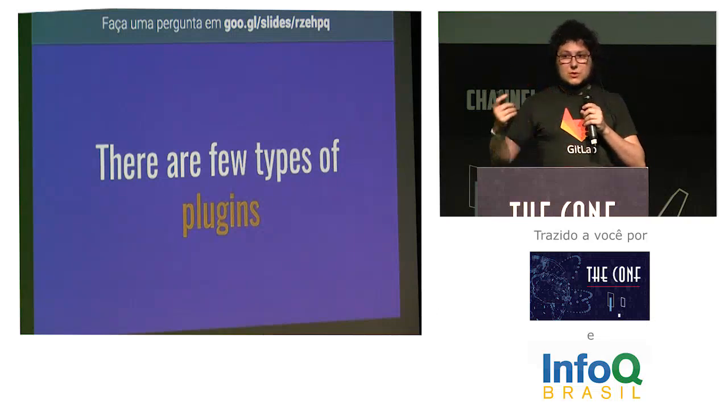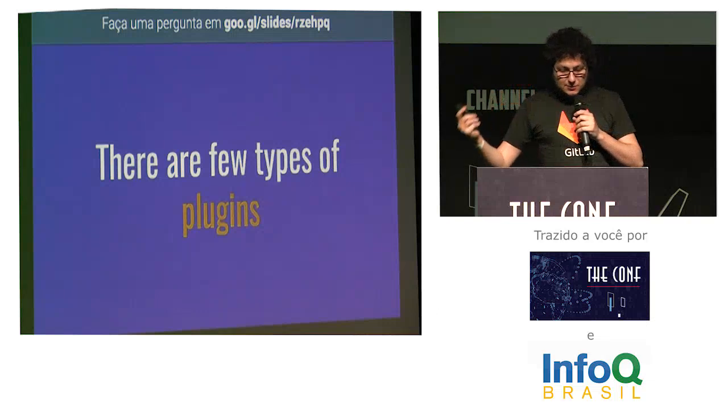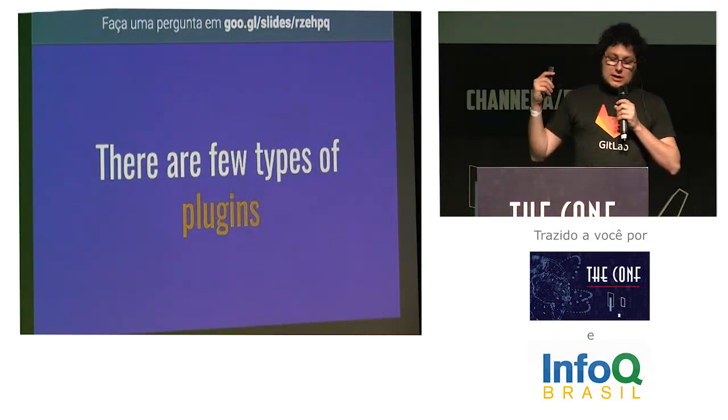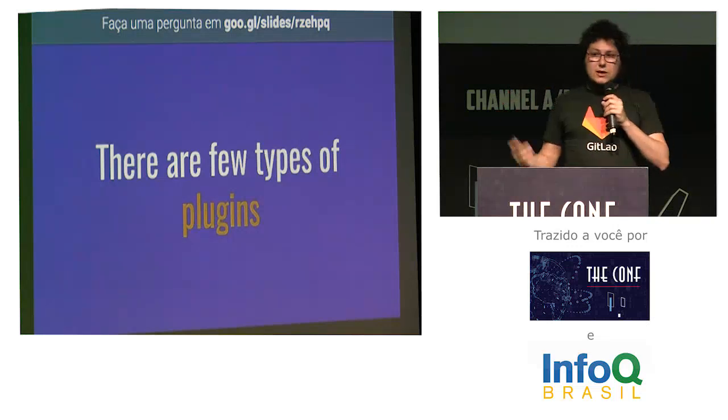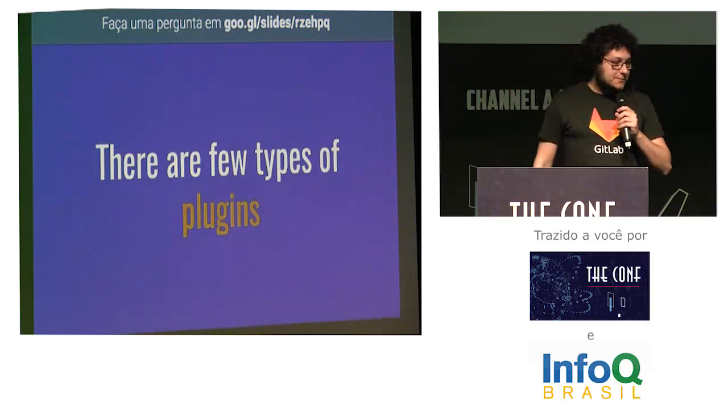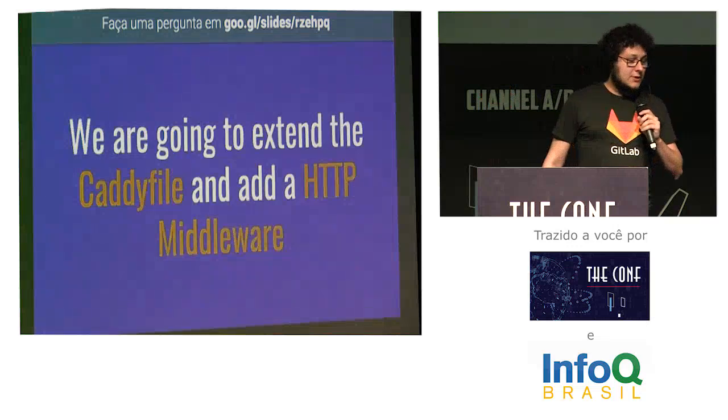So one of those types of plugins are server plugins. It has HTTP middlewares and some other stuff that you can intercept in the middle of a request. For example, you can implement your own man-in-the-middle code inside the web server as a plugin.